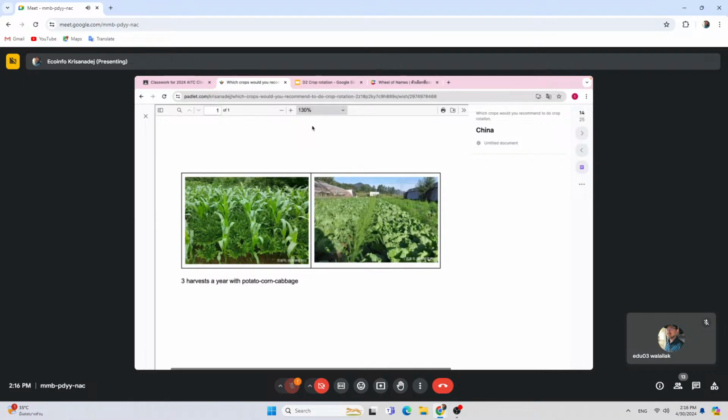Here I will introduce a model for 3 harvests a year with 3 crops: potato, corn, and carrot.